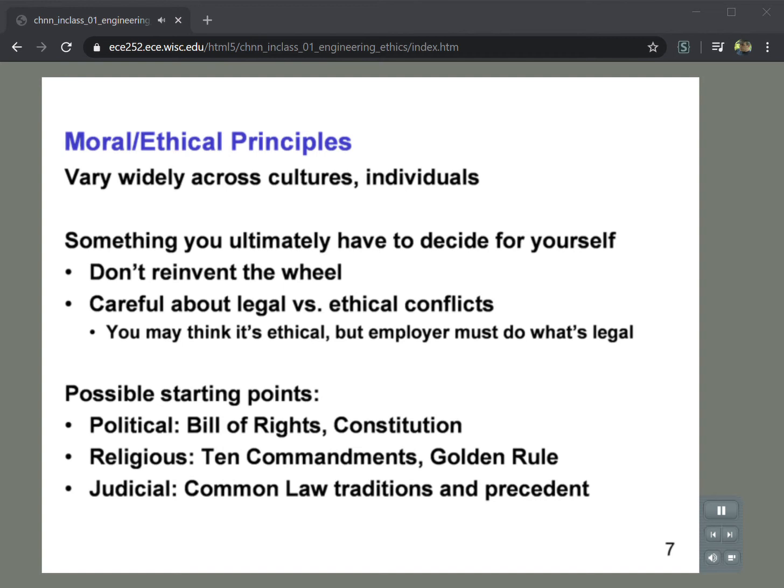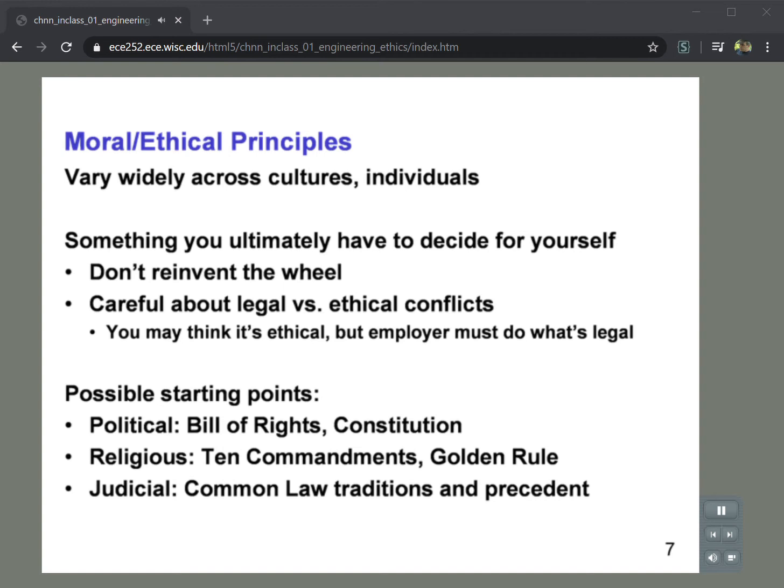One area in which we want to be particularly careful here, though, is any principles where there are conflicts between what you might view as ethical versus what might actually be legal in the country that you're living in. So there may be actions that you think are ethical, but your employer is going to be constrained to doing what's legal.